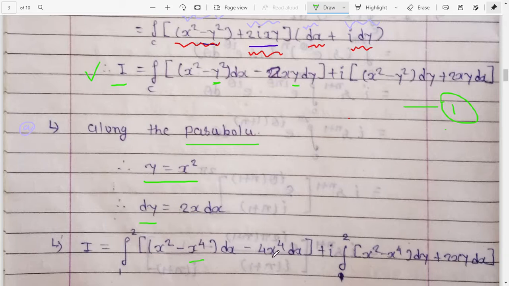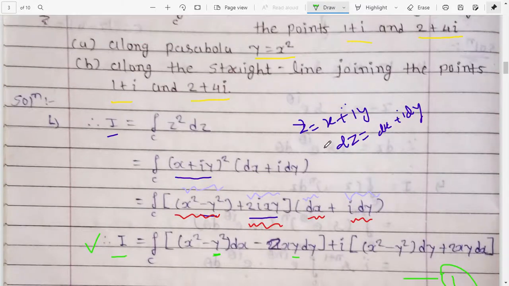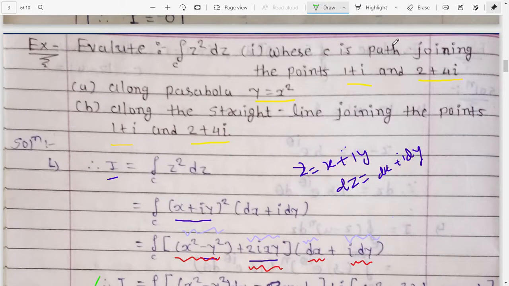So minus 4x raised to 4 dx plus iota integration from 1 to 2, where c is 1 plus iota to 2 plus 4 iota.